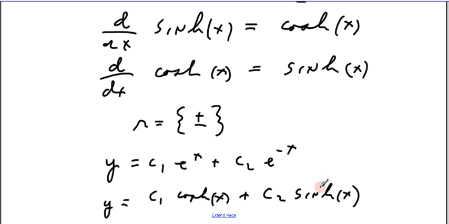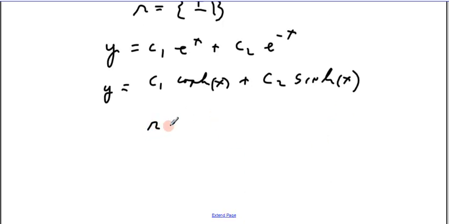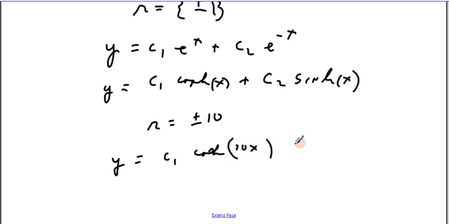You could be using hyperbolic sines and hyperbolic cosines when your characteristic equation gives you r's that are plus or minus the same number. So if I had an r that was plus or minus 10, then y could be c1 hyperbolic cosine of 10x plus c2 hyperbolic sine 10x, and there's nothing wrong with that solution.